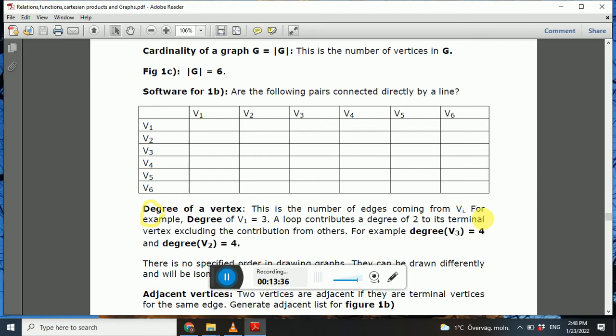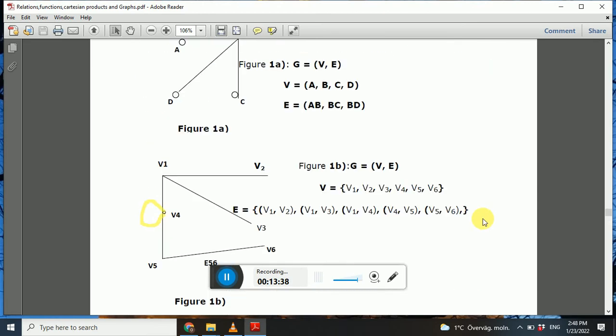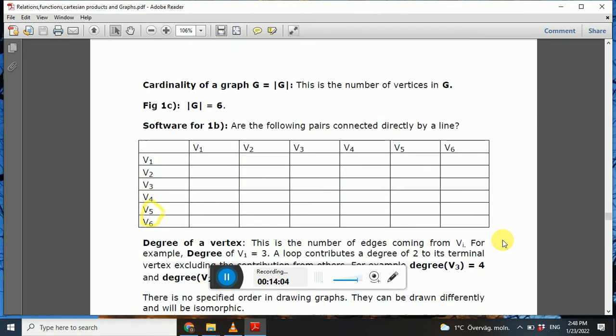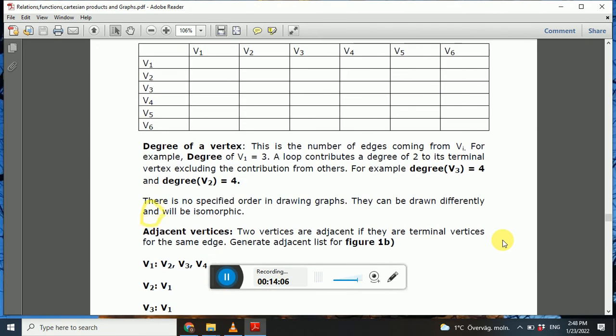So that means in this example, V4, we already said it had degree 2, but because of this loop, which contributes a degree of 2, the loop alone will contribute degree 2, then plus this edge, that is 3, plus this edge, that is 4. So the degree of V4, if we had a loop, would be 4. Okay? Okay, let's move to the next one.